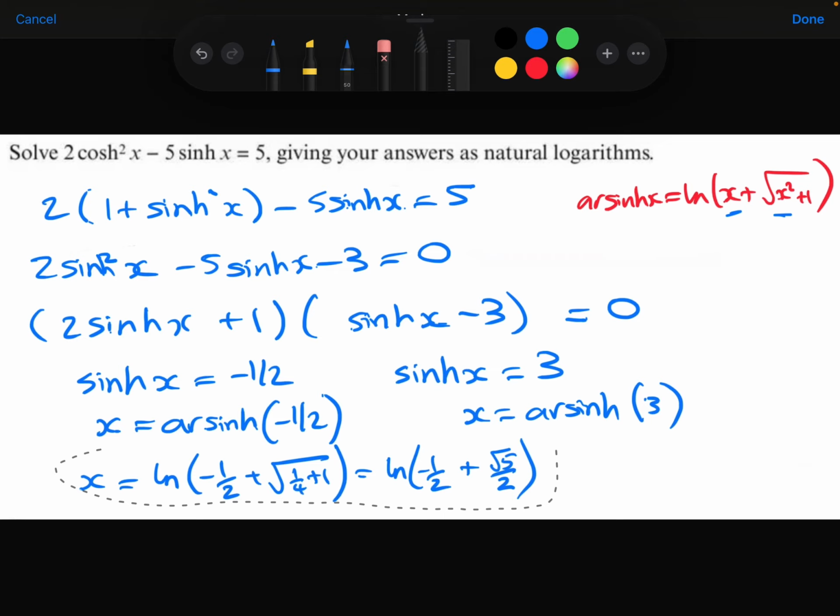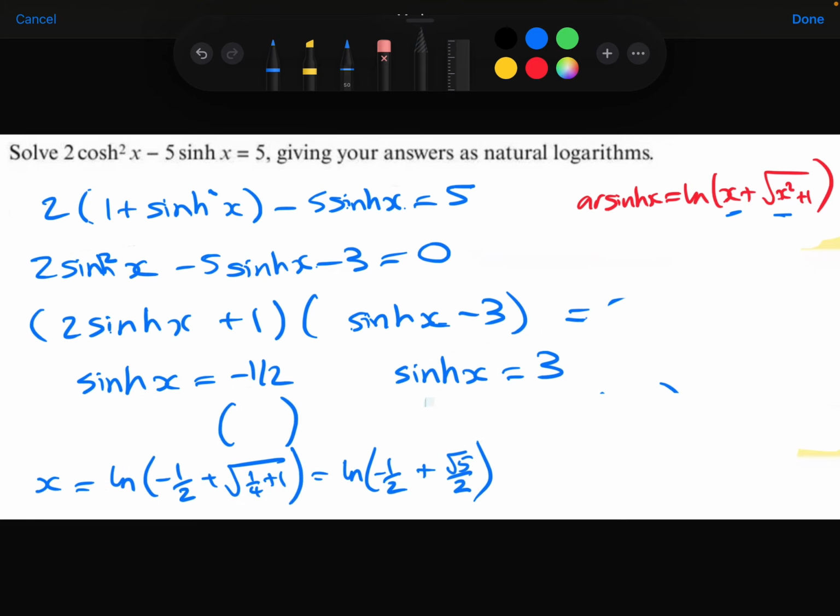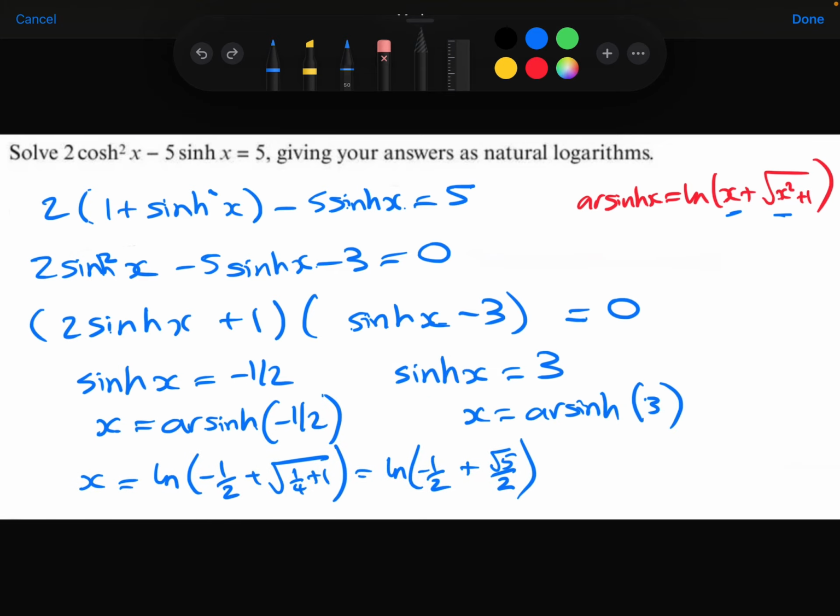And obviously I could then bring those two fractions together because the common denominator is 2. Or working out the answer that corresponds with the r sinh 3 now. X equals ln of 3 plus the square root of 3 squared plus 1, which is just going to be that. So these are my two answers for solving that equation.